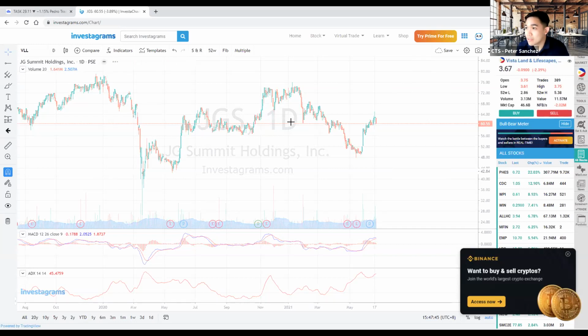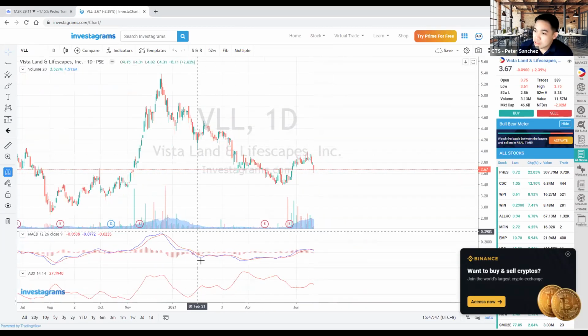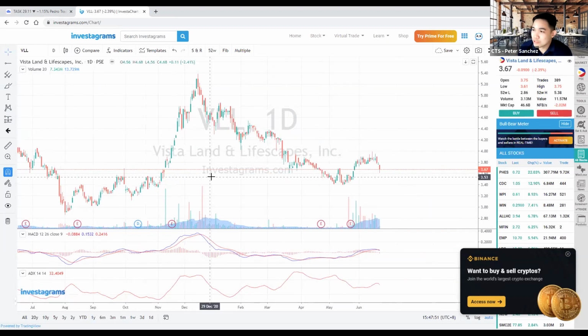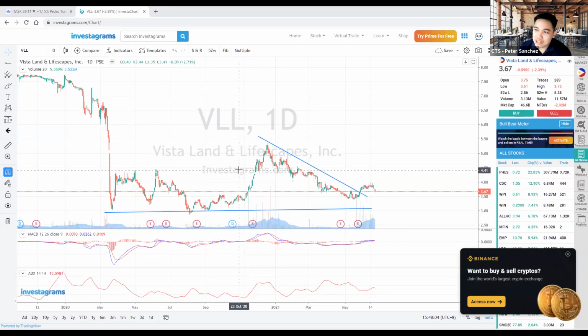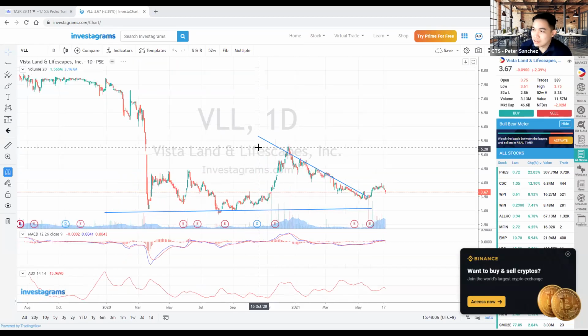DLL. Again, a chart na medyo coming from downtrend. Tapos overall bigger picture, parang hindi siya bigger picture uptrend. Parang okay lang. Usually mga ganito reversal eh. Kasi nasa baba siya.